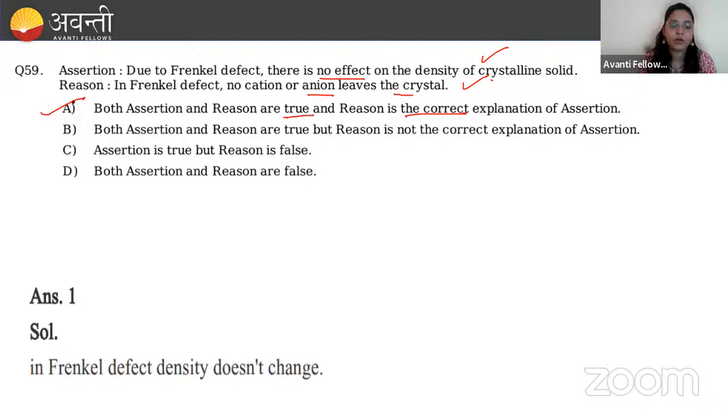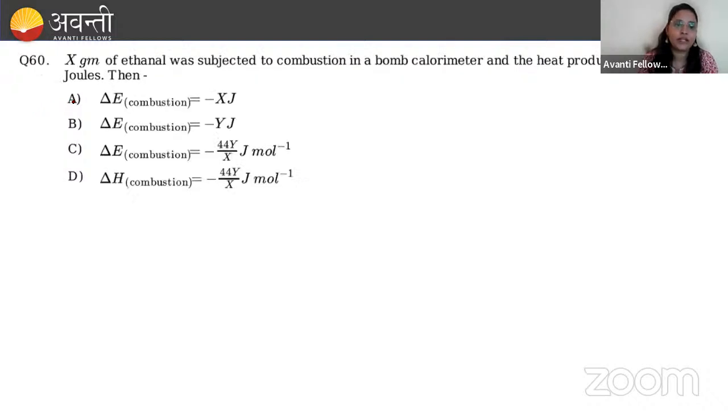Next. X gram of ethanol was subjected to combustion in a bomb calorimeter, and the heat produced in joules will be? Heat of combustion is determined for 1 mole of substance. In a bomb calorimeter, the heat of reaction is delta E. So X gram of ethanol produces Y joules of heat.